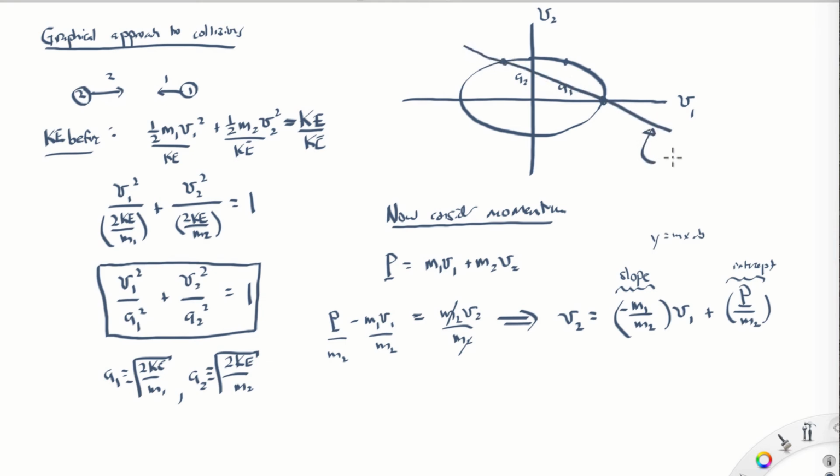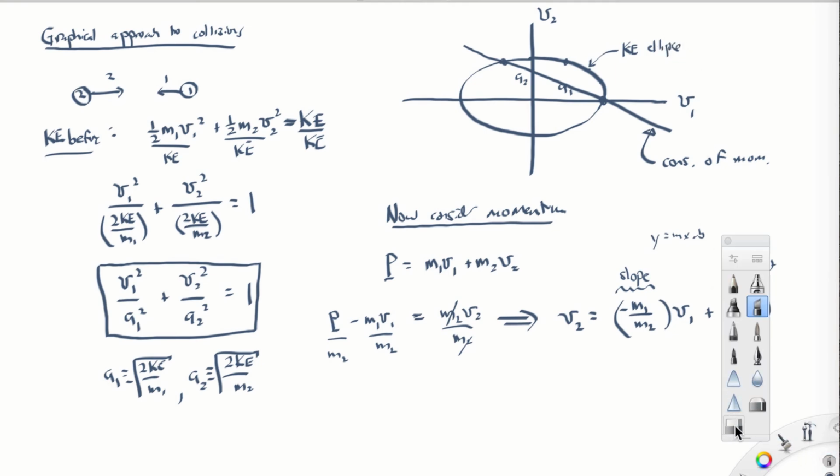So this is the momentum line, and this is the kinetic energy ellipse. I don't want to call it the conservation of momentum line, because we're not really talking about conservation yet, just the momentum line.